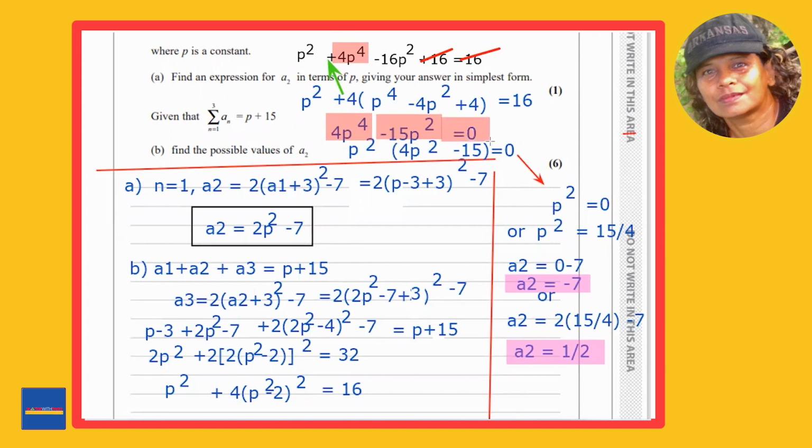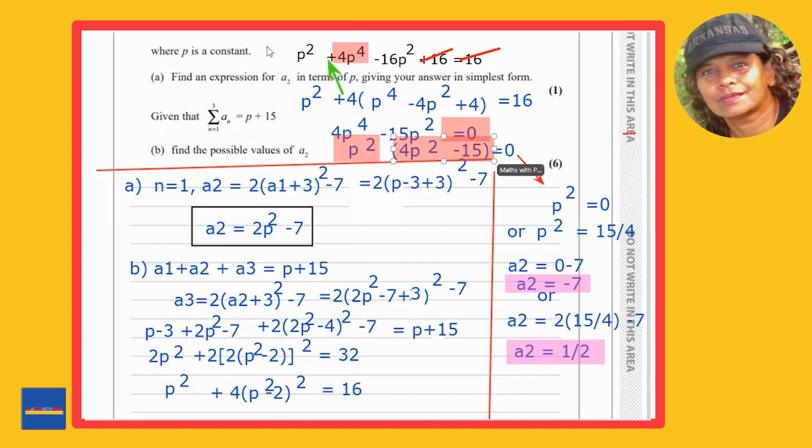So now I'm going to try to simplify this. What's common to 4P to the power 4 minus 15P squared is P squared. So I'm going to take that out, and I'm going to end up with P squared times 4P squared minus 15, since 4P to the power 4 divided by P squared is 4P squared.